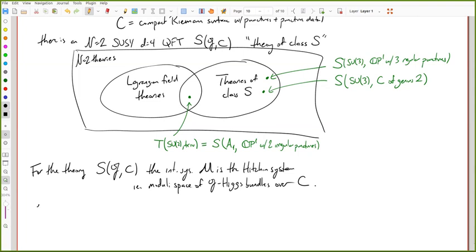So, for example, well, okay, let me try to say what a G Higgs bundle is. A G Higgs bundle is just a pair, E comma phi, where E is a principal G, so G is some global form of this group, holomorphic GC bundle over C, and phi is a holomorphic section of its adjoint bundle.